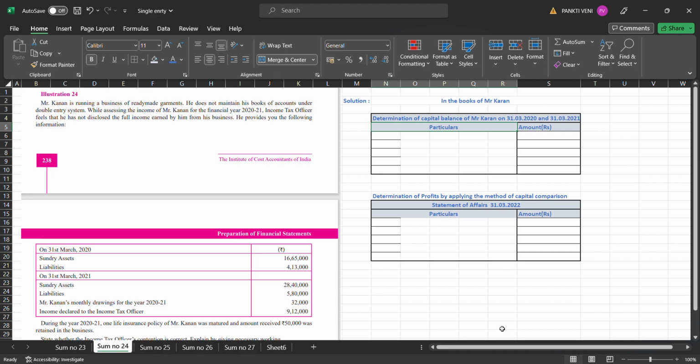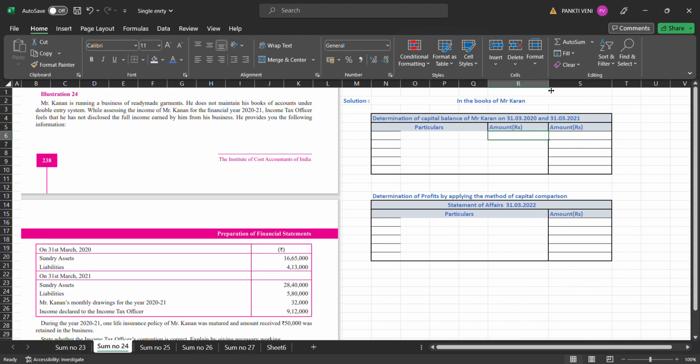So what I'll do here is I'll prepare opening and closing capital, both the things together. So I'll go for two amount columns. One is for 31st March 2020 and the other is 31st March 2021.